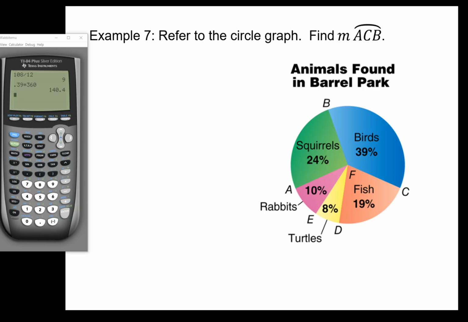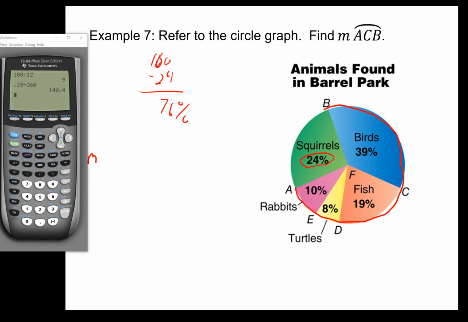All right, find the measure of arc ACB. Well, ACB is our major arc that wraps around the right side, and that one is everything except for 24% of the circle. So 100 minus 24 is going to be 76%.